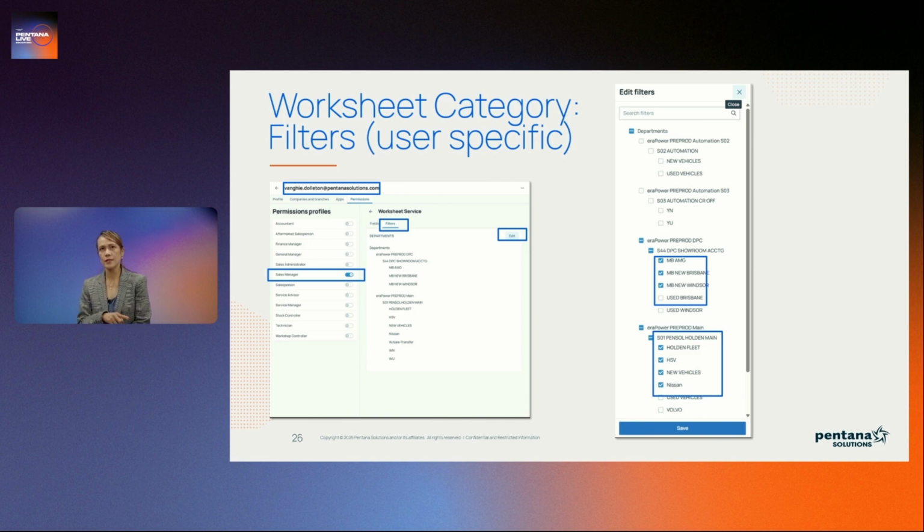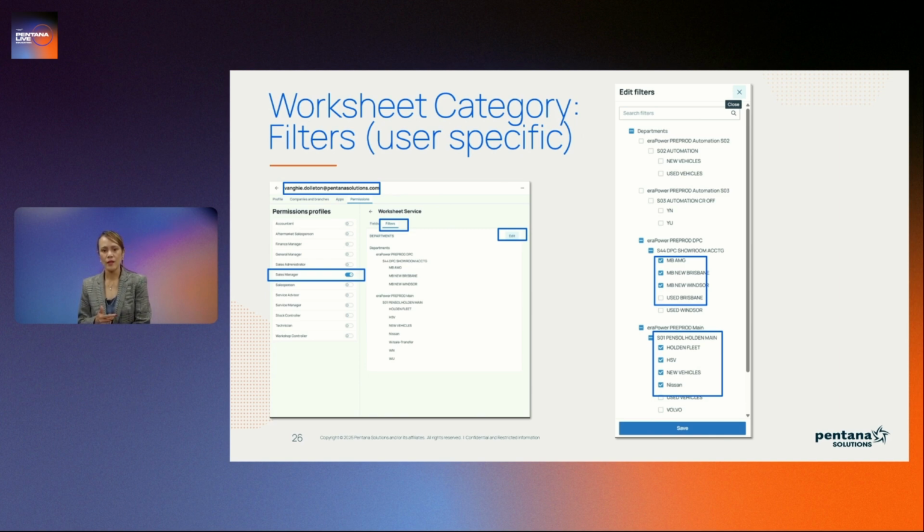So, from a governance point of view, filters only operate on the data the user is already authorized to see based on their organization, company, branch, and permission profile. So filters improve usability and productivity, but they don't weaken security. They sit on top of the same access controls we've been talking about.